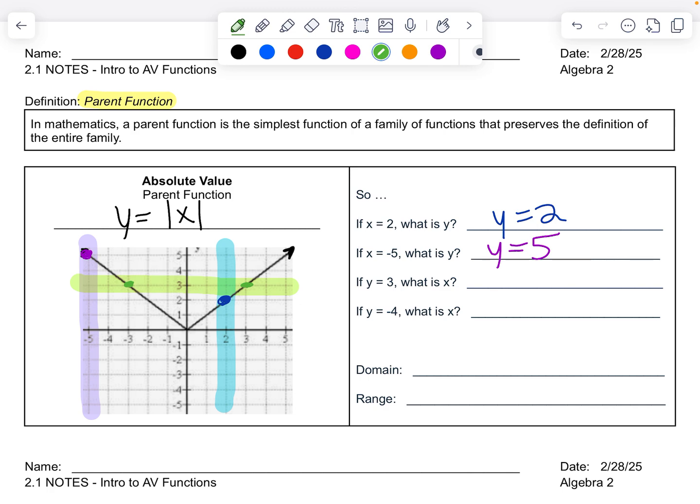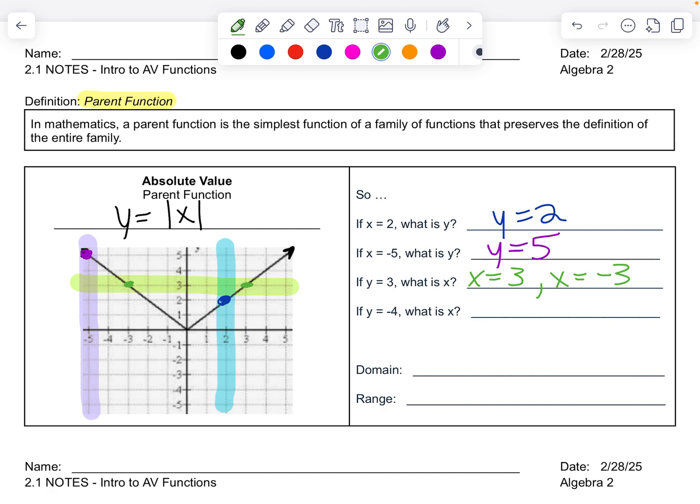So what numbers go into the absolute value that produce 3? Well, if I take a 3 and plug it in, the absolute value of 3 is 3. That makes sense. But the same thing occurs if I take the number -3. If I put -3 into the absolute value, it comes out as +3. That makes sense to us.